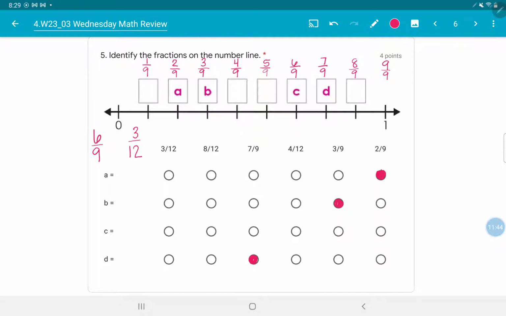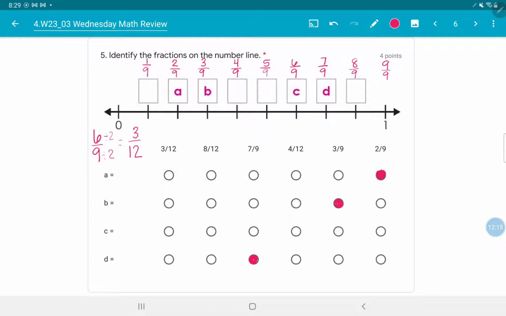Okay, so 6 divided by 2 would equal 3. So if I divide 6 by 2, I also have to do 9 divided by 2. Does 9 divided by 2 equal 12? No. So I know those two are not equal. It can't be 3/12.